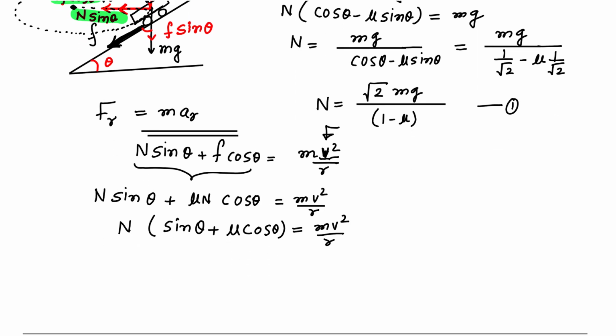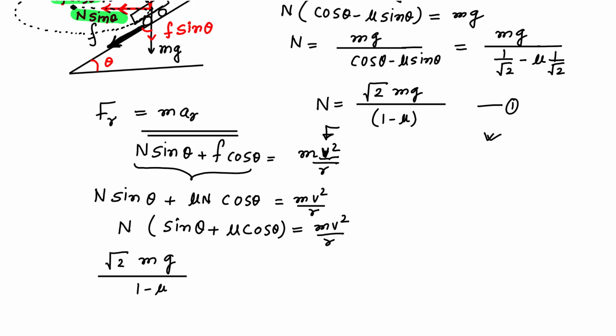Now I know my value for sin theta and cos theta, and N I also know, so I can plug in from equation 1. N is nothing but root 2 mg divided by (1 minus mu), and then sin theta is 1 by root 2 plus mu times cos theta, which is also 1 by root 2. This is equal to mv square by r.